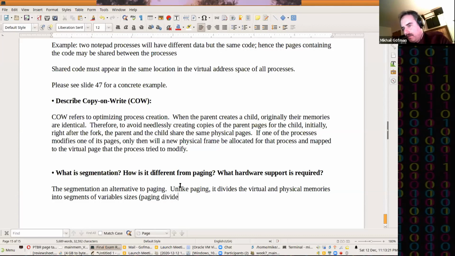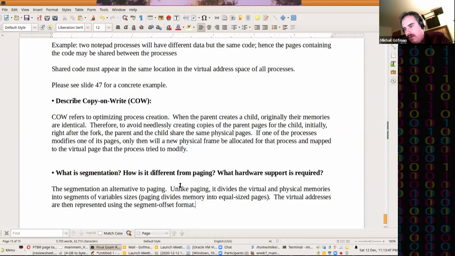Paging divides memory into equal sized pages. The virtual addresses are then represented using the segment offset format. Okay, that's basically the idea.